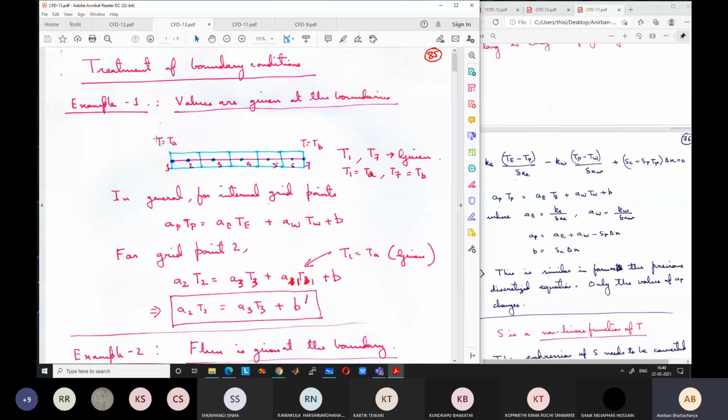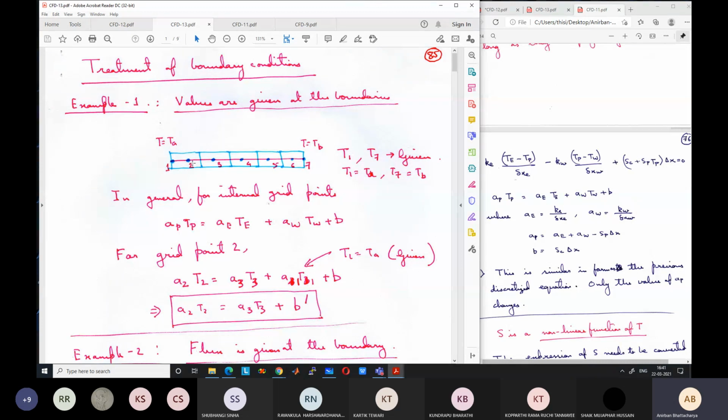Maybe it is 100 degrees centigrade and this is 50 degrees centigrade. These values are known. So for the adjacent grid point 2, we can write A2 T2 equal to A3 T3, the east neighbor, plus A1 T1, the west neighbor, plus B. The value of A1 will be slightly different because the distance is different here.